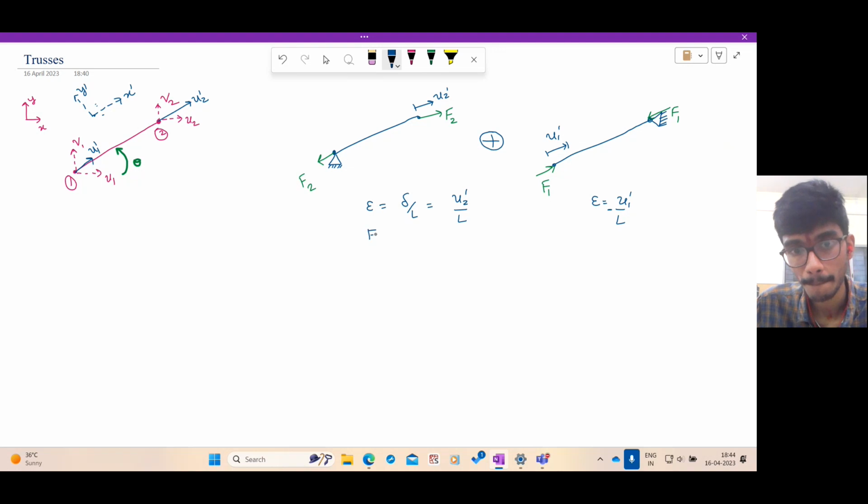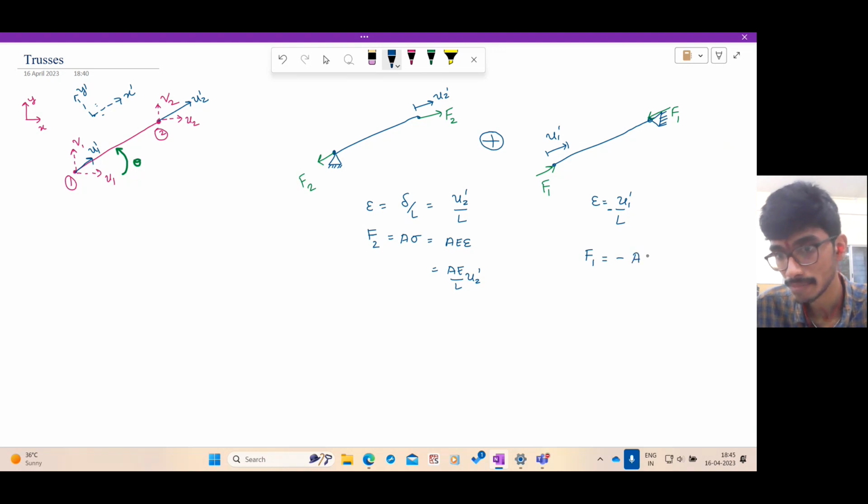The force is A into sigma, which is A E times strain, which is AE by L U2 prime. This is F2. Here, F1 is again A sigma, but sigma is compressive, so you should take the minus sign. So it is minus A E times minus U1 prime by L. F1 is also AE U1 prime by L.